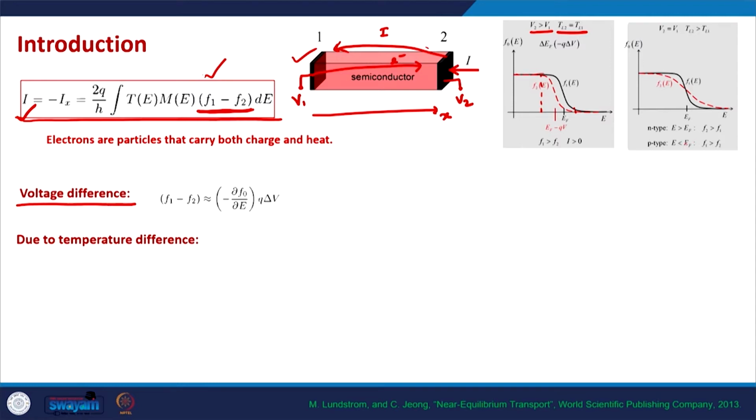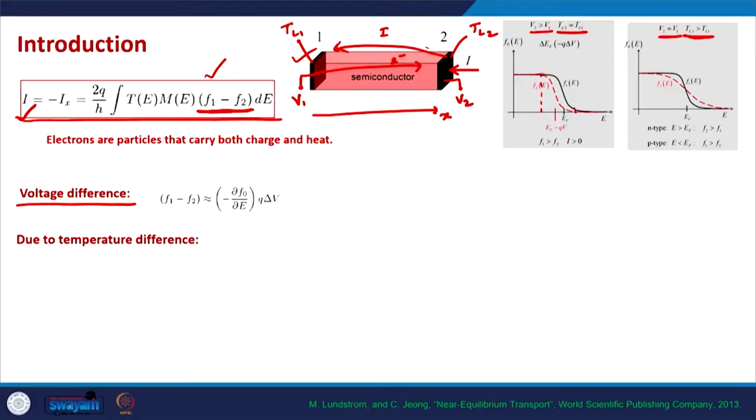In this case, V1 is equal to V2, which means the voltage on both contacts is equal, but contact 2 is at a higher temperature now, TL2, which means the lattice temperature of contact 2 is more than the lattice temperature of contact 1. And in that case, as all of us know, at higher temperature the Fermi function broadens.